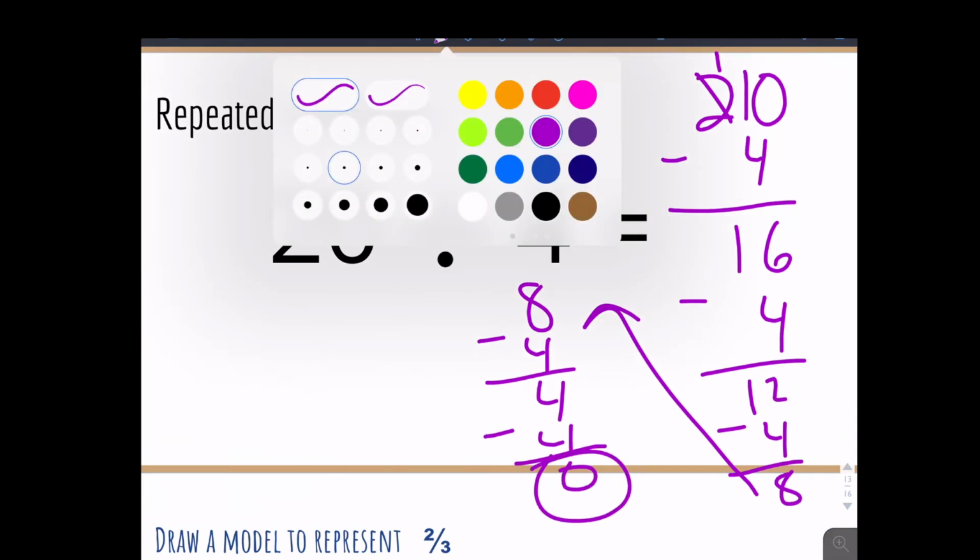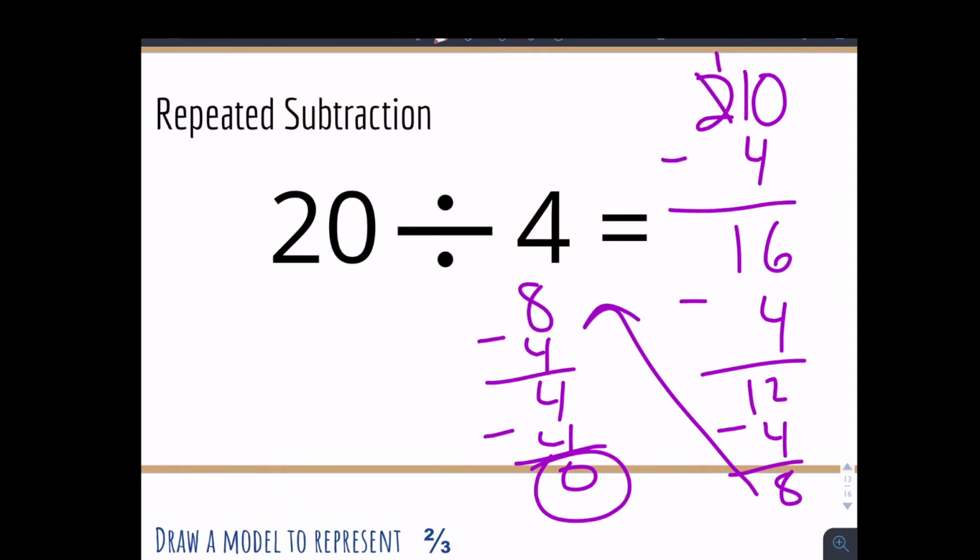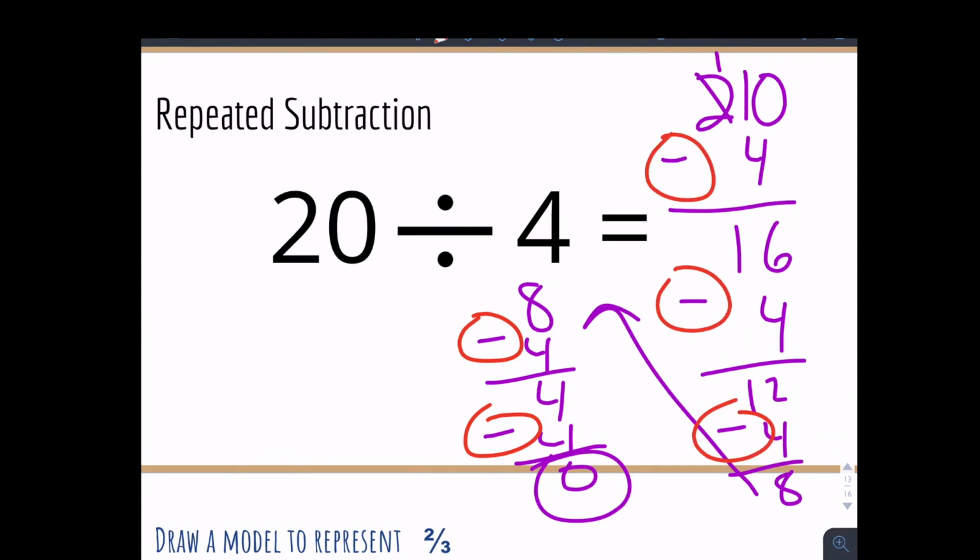And this is where I like to go back and figure out, well, how many times did I subtract, and that would be my answer. So I subtracted 1, 2, 3, 4, and 5 times. My answer is 5. 20 divided by 4 equals 5.